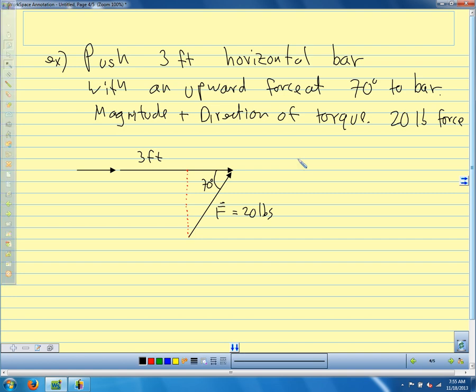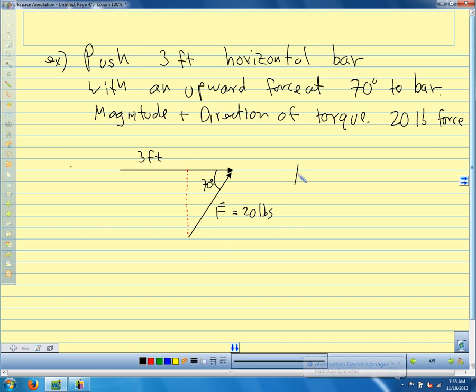See if this helps. I'm just going to turn this off. Oh, I cut off my bar here, didn't I?